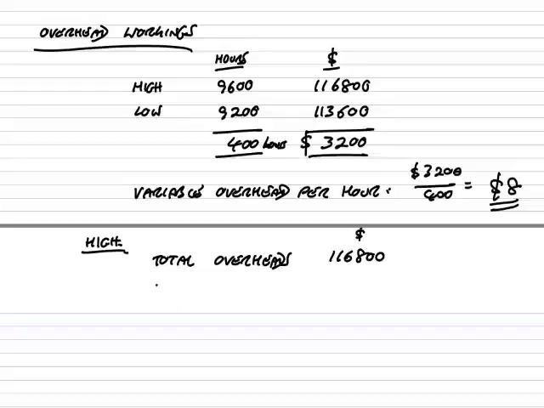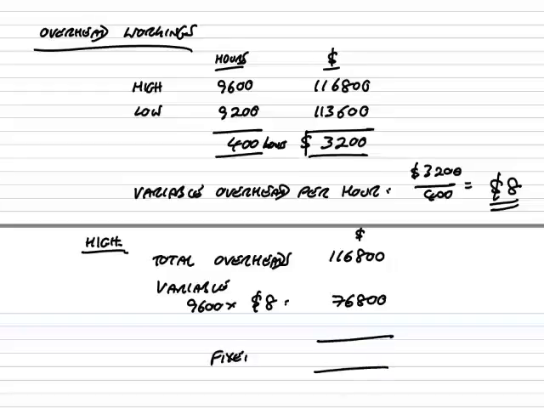We know what the variable is now. There were 9,600 hours. It's $8 an hour. A total of 76,800. Well, if that's the variable, surely what's left must be the fixed overheads per month.